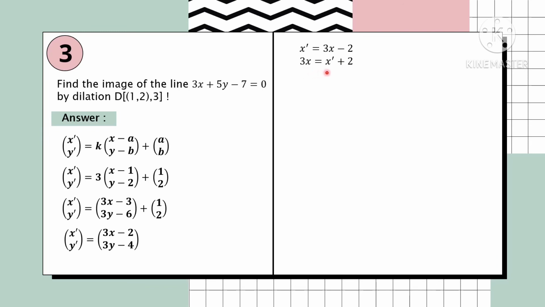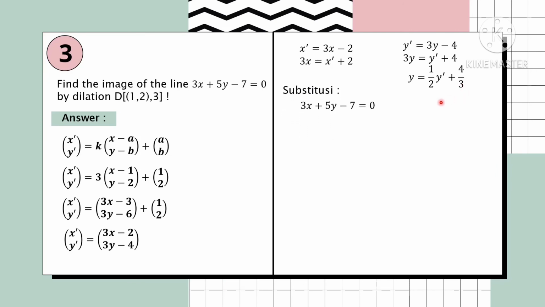So 3x is equal to x prime plus 2. And y prime is equal to 3y minus 4, so 3y is equal to y prime plus 4. So y is equal to 1 over 3 y prime plus 4 over 3.